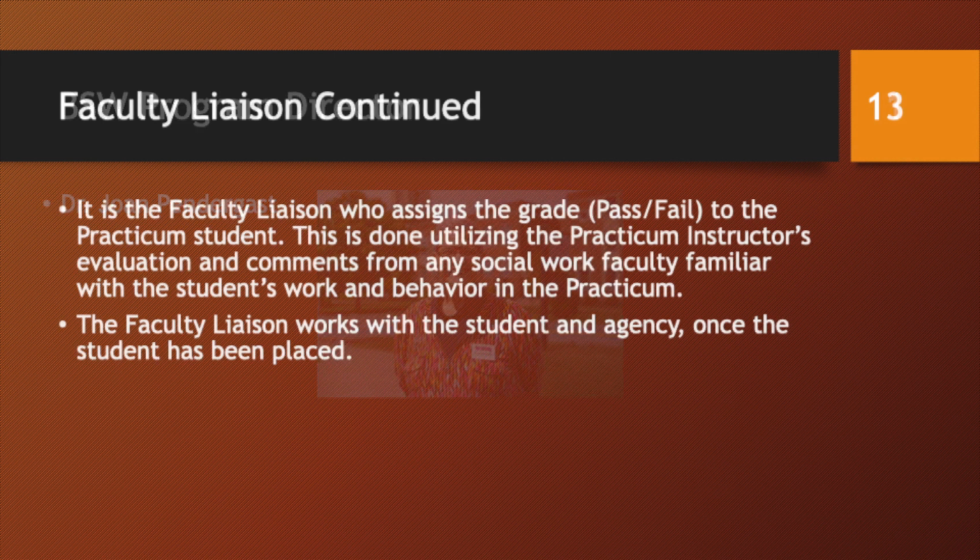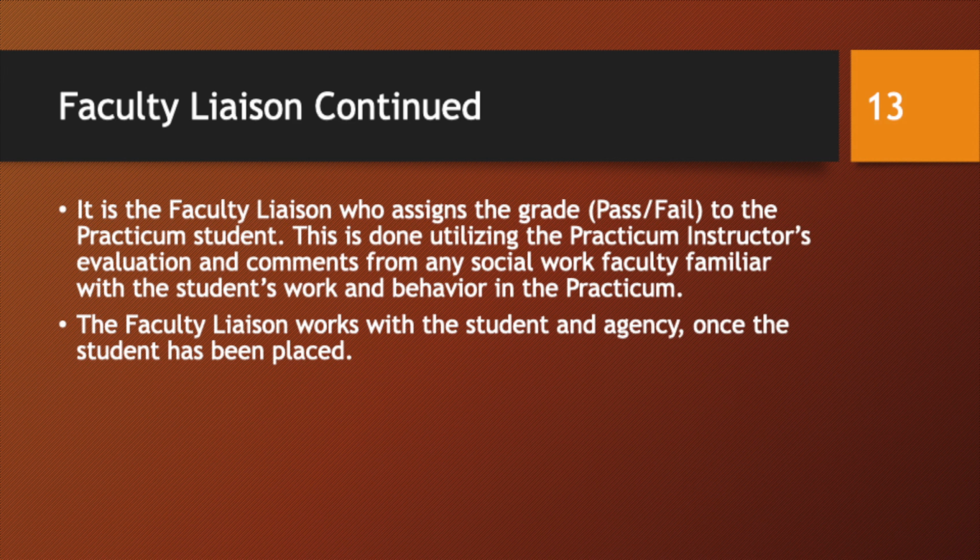Please remember, it is the faculty liaison who assigns the grade of pass or fail to the practicum student. This is done utilizing your evaluation as the practicum instructor and any comments from you, or any social work faculty familiar with the student's work and behavior in practicum.